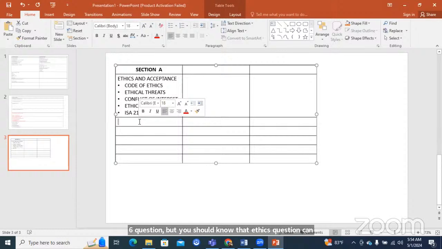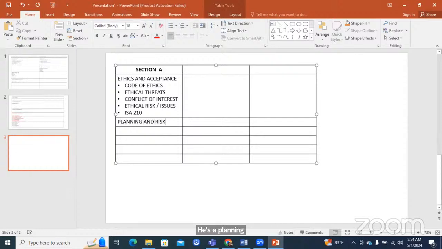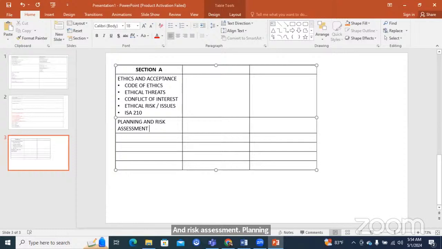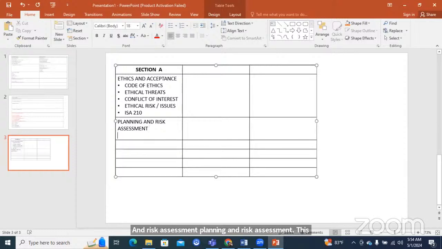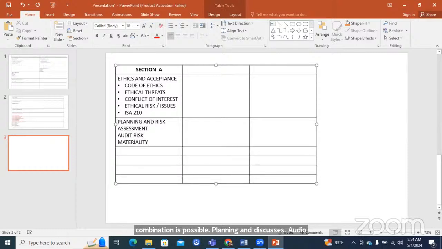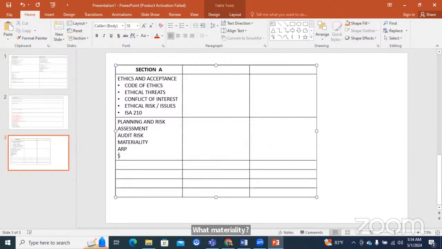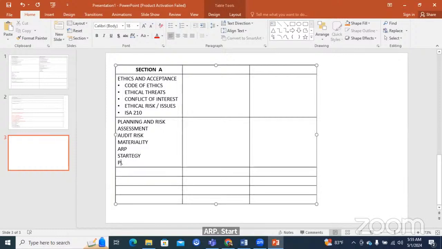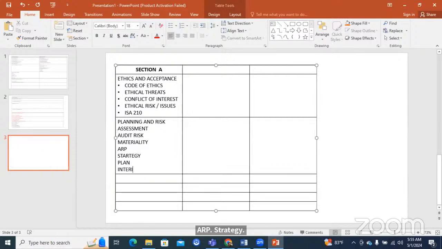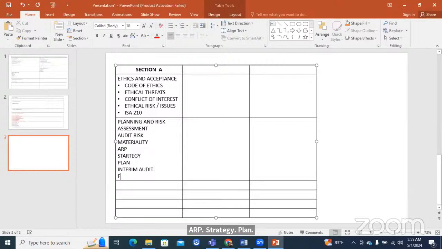Second one in section A is planning and risk assessment. This combination is possible. Planning and risk assessment means simply audit risk, materiality, ARP, strategy, plan, interim audit, and documentation, right?